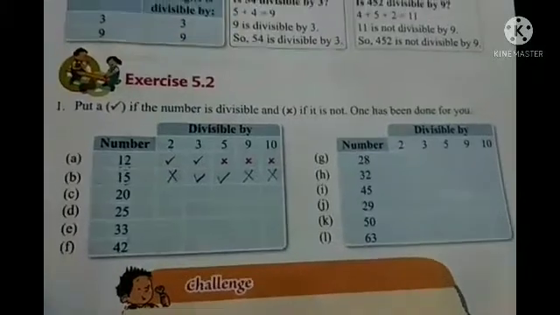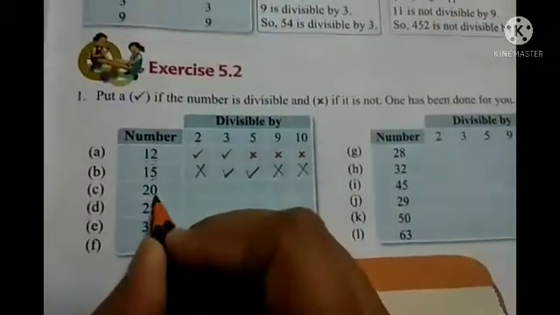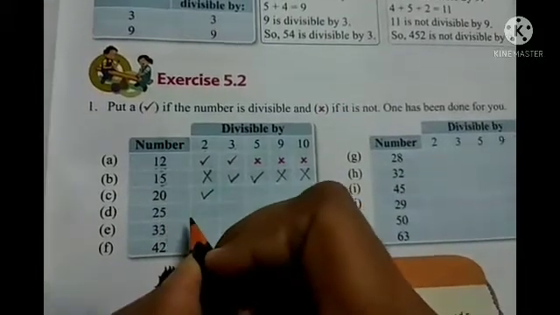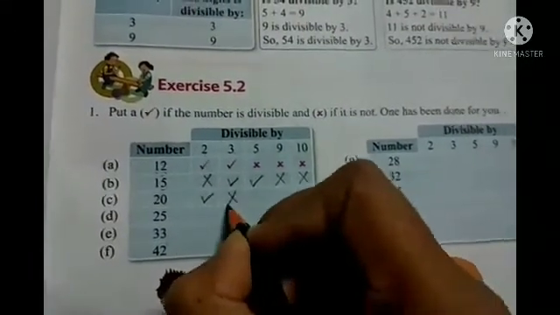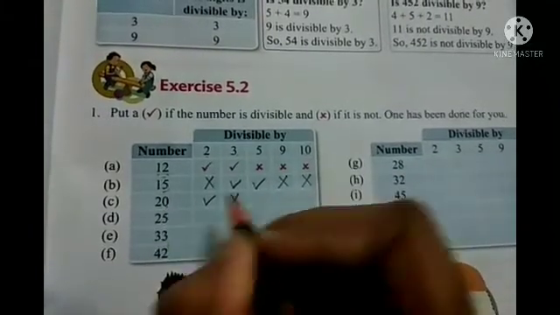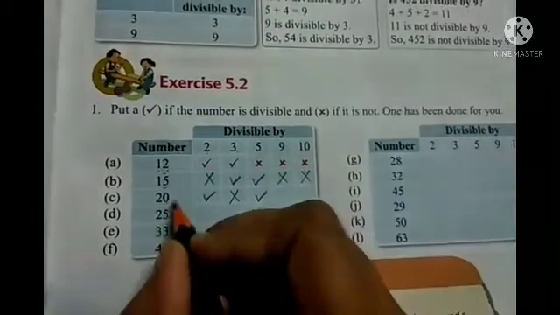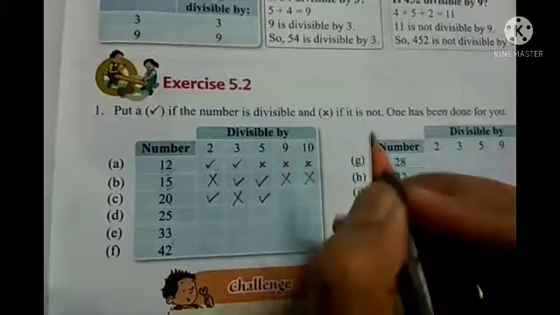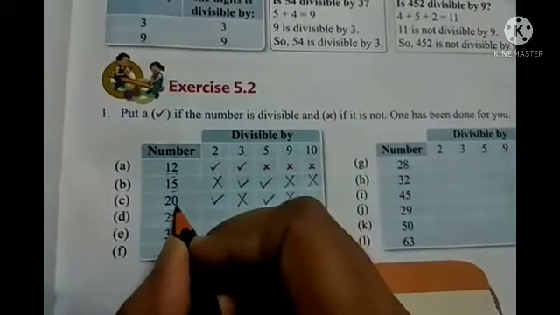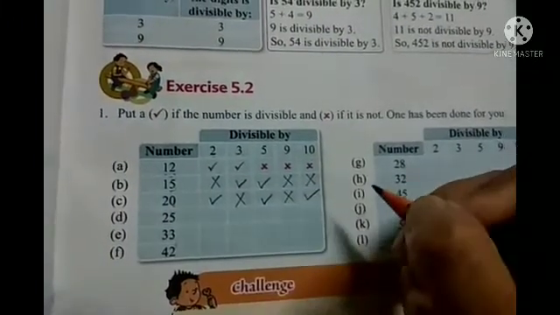So you understood, students, how you have to do it? In case of 20, yes, 0 is there, so with 2 it will go. Now 2 plus 0 is 2 only, so with 3 it will not be divisible. With 5, of course, because the last digit is 0. With 9, it cannot, because the sum is not divisible by 9, so I have to cross. And the unit place, that means the last digit, is 0, so yes, right?